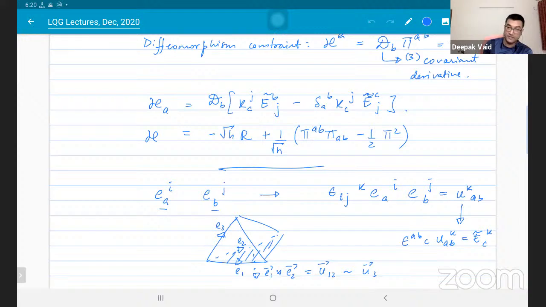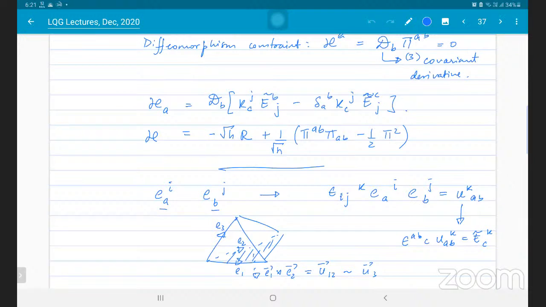This corresponds to 3 vectors, and you can think of these as spatial vectors for the simple reason that any Lie algebra element of SU(2) can be mapped to a 3-dimensional vector by contraction with the Pauli matrices. Is that fine?